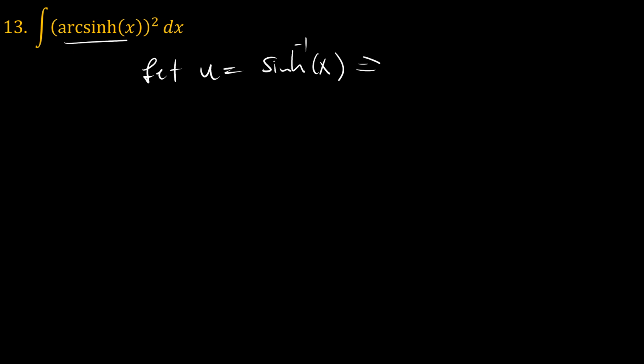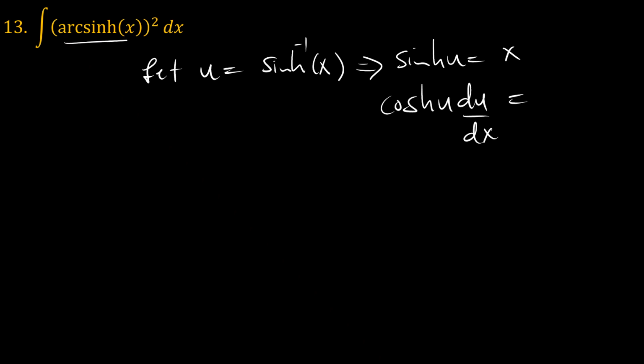And what does that mean? It means that the hyperbolic sine, or sinh, of u equals x, and when you differentiate both sides, you say cosh u du dx is equal to 1. In other words, cosh of u du is equal to dx.